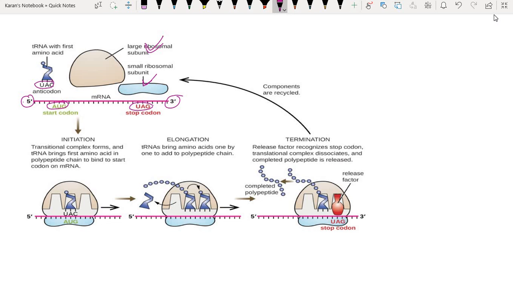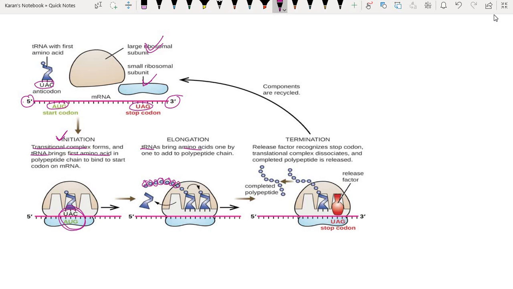Now there are three steps, as I told you. First step is initiation. The translation complex gets formed and tRNA carrying the first amino acid binds to the start codon on the mRNA, AUG, right. Now the elongation process takes place. The tRNA brings amino acids one by one to add to the polypeptide chain. You can see these amino acids being joined to form the polypeptide chain.